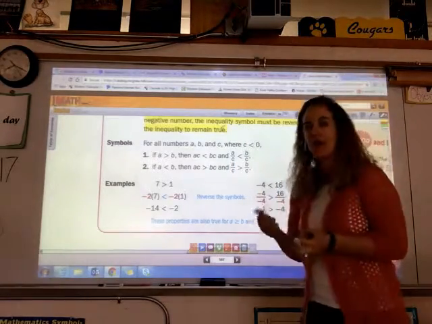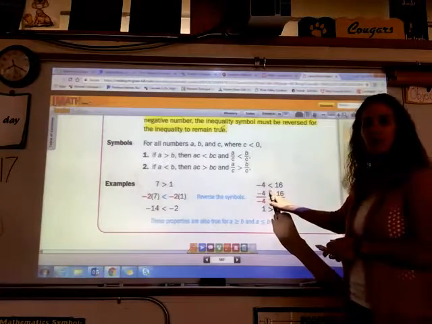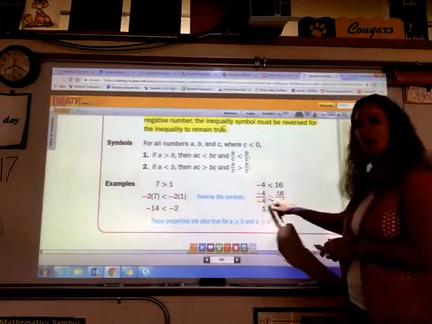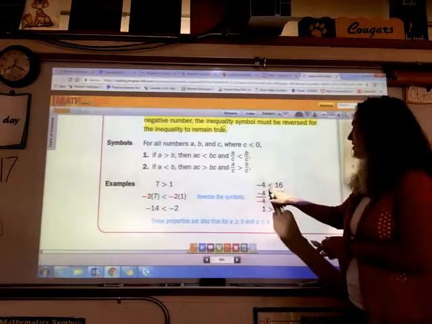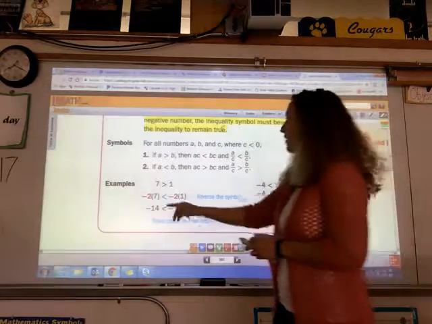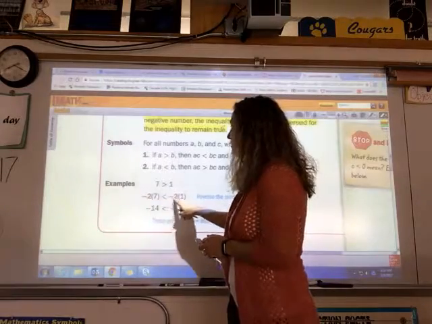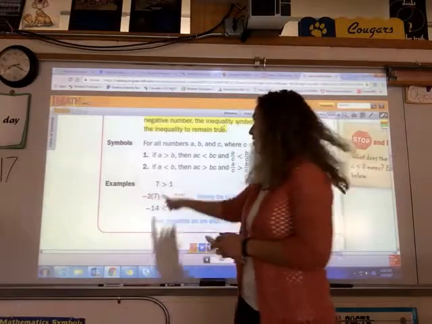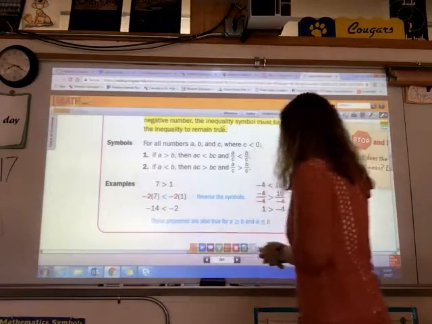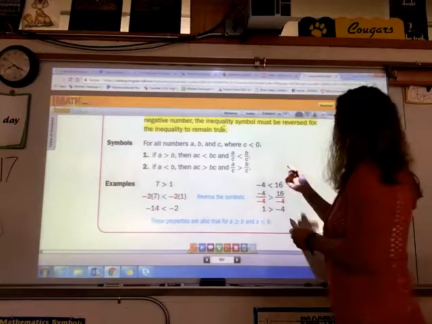What I mean by that is, if we start off with an inequality symbol of less than, when we're dividing by a negative in this situation, instead of it being less than, it's going to become greater than. Or if we start off with it being greater than, and we end up having to multiply both sides by a negative number, we have to reverse it, which means it's going to be less than. Same thing applies if we have a less than or equal to or a greater than or equal to.